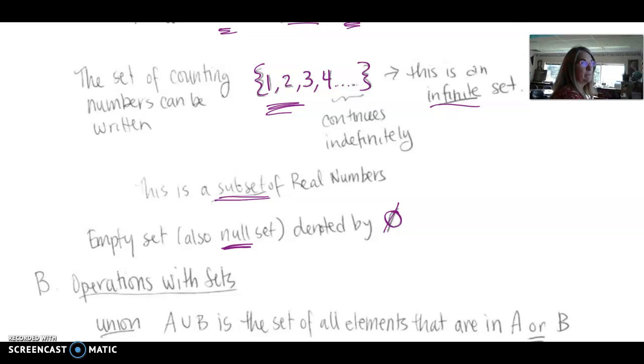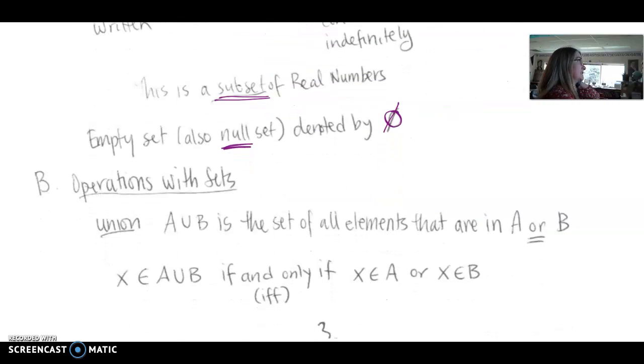And then we can do some operations with sets. This is the next section of topics for sets. So, a union. Union is denoted like this. If you want to denote that we're talking about A union B, you make a U, but it's more of a stretched out U, more like a horseshoe.